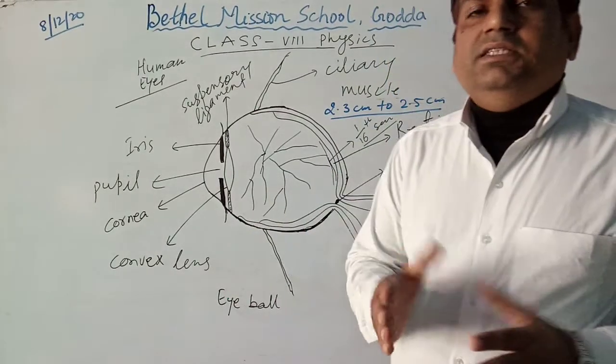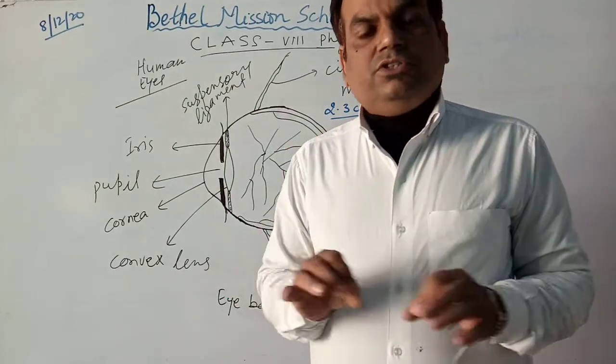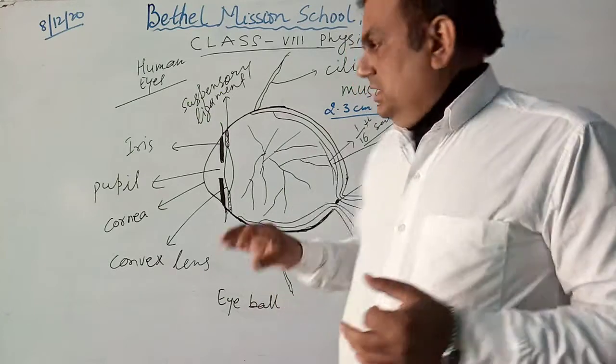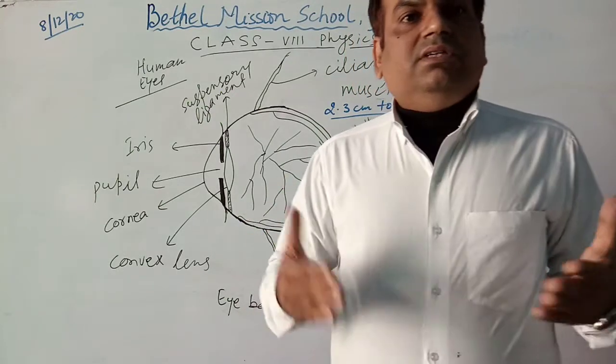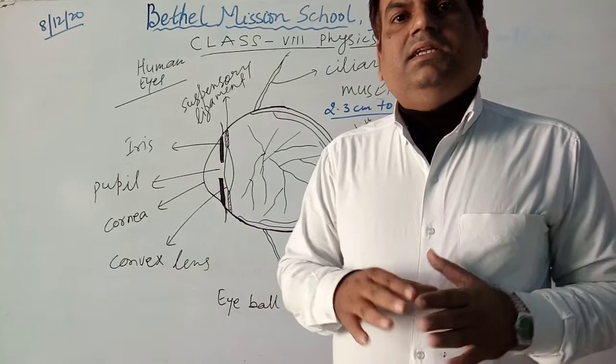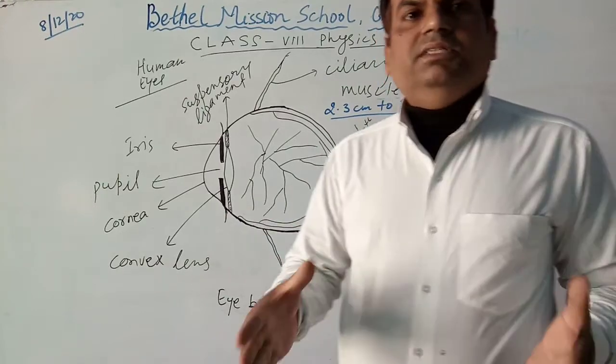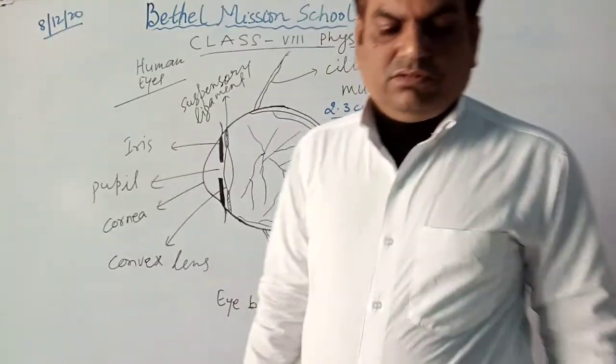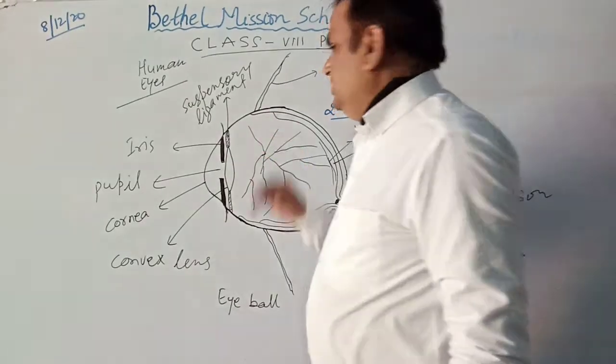Special types of books are printed, and people who cannot see can read with the help of this system. So this topic has been completed.